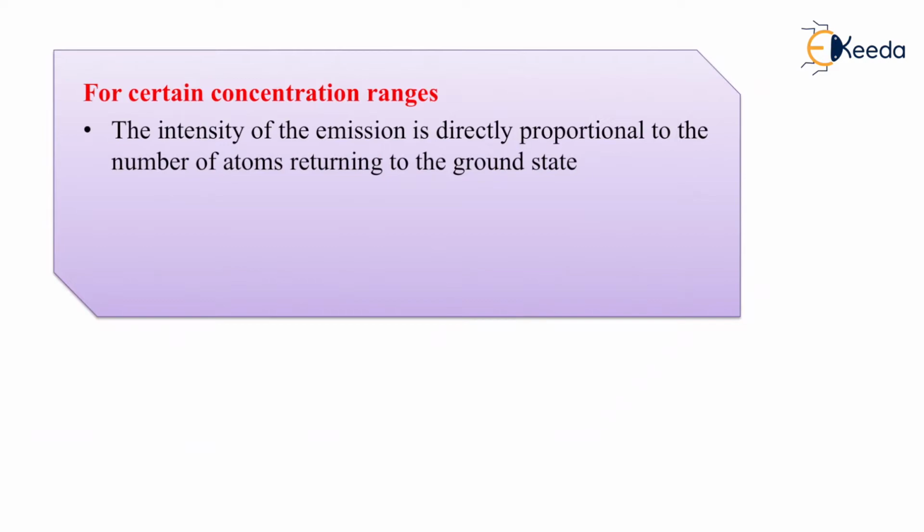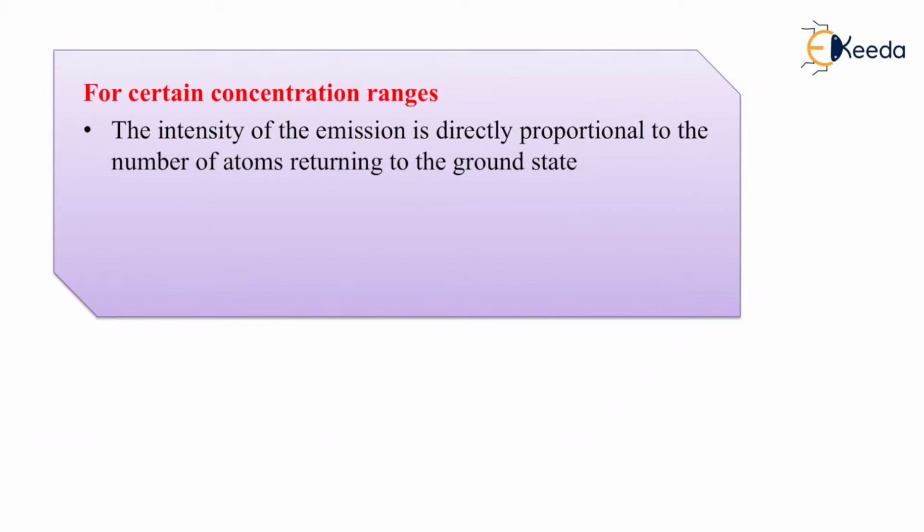It talks about the intensity of emission. How much is the emission happening? Is the emission concentrated or diluted? And how do we come to know that? It directly depends on the number of atoms returning to the ground state. If I have many atoms returning to the ground state, the intensity will be really high.